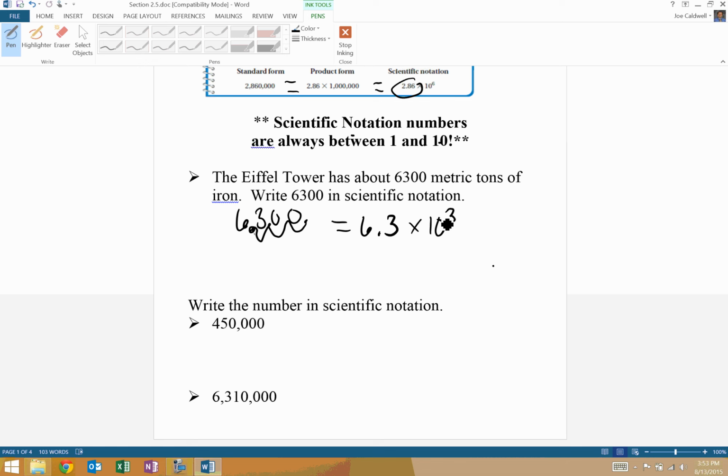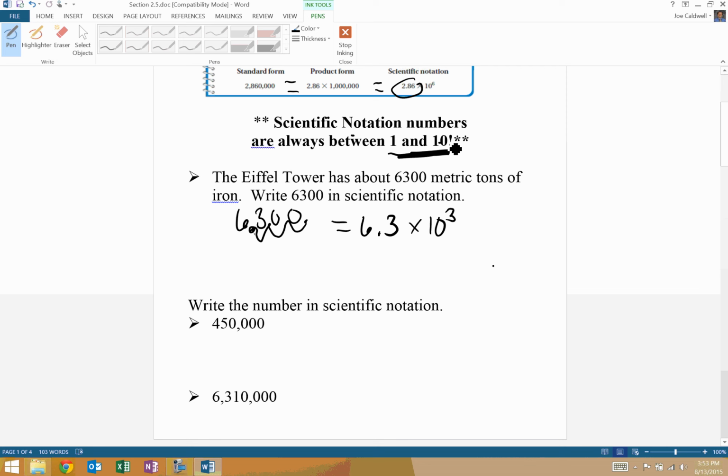It's just a different way of writing a number. So it's always some number between 1 and 10 times 10 to an exponent. That exponent is determined by how many times we move the decimal to get a number between 1 and 10.